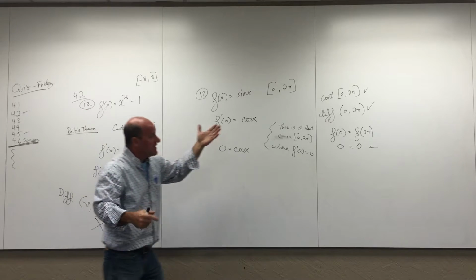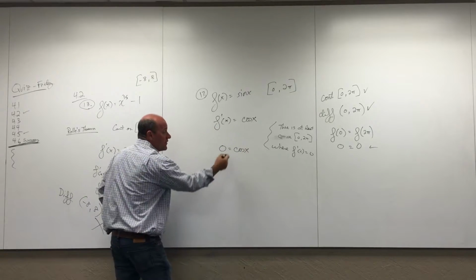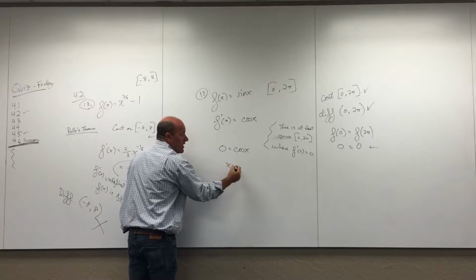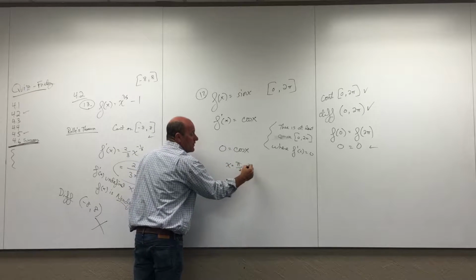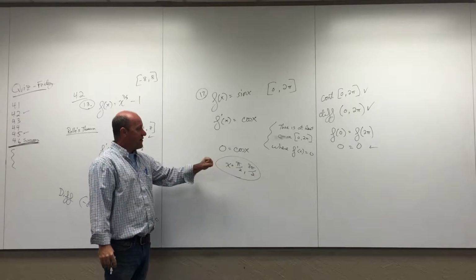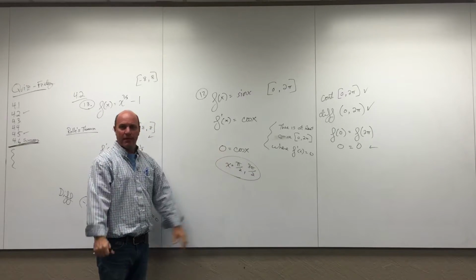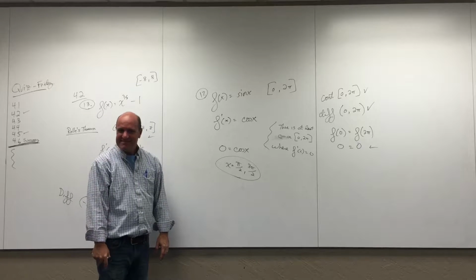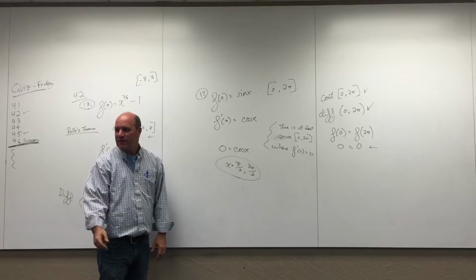Remember, they said there was at least one, but I just found 2 values. When does cosine equal 0? Pi over 2 and 3 pi over 2. So we found the values guaranteed by Rolle's theorem. In a way, what am I doing?